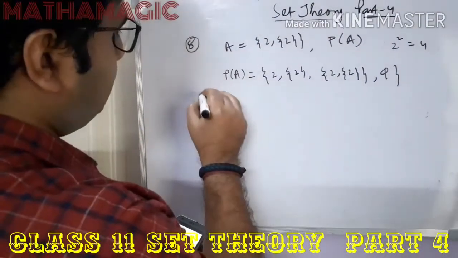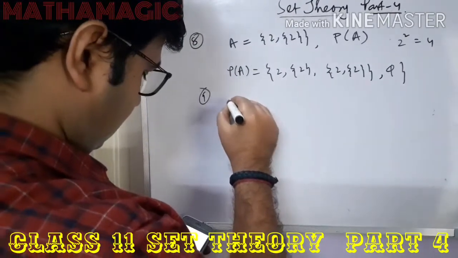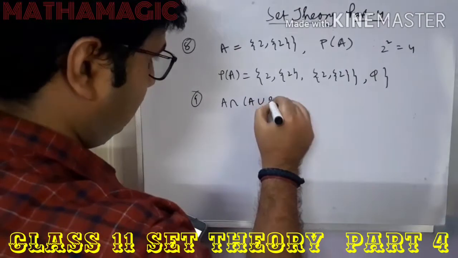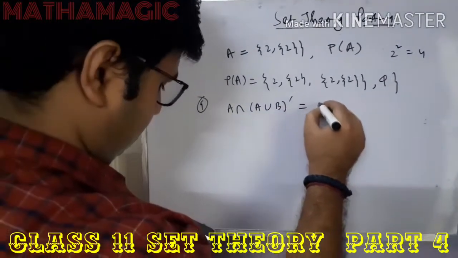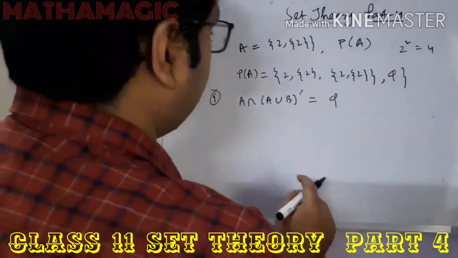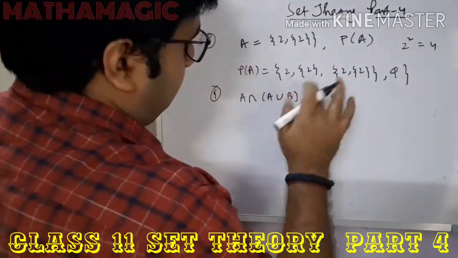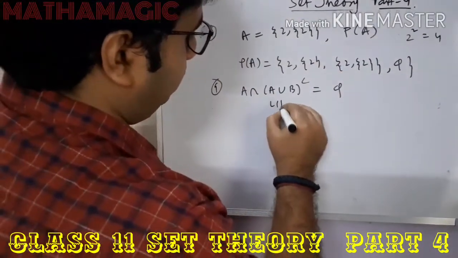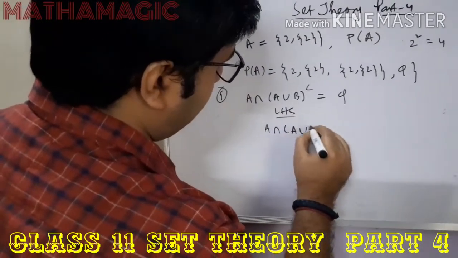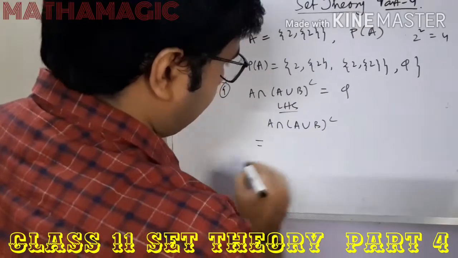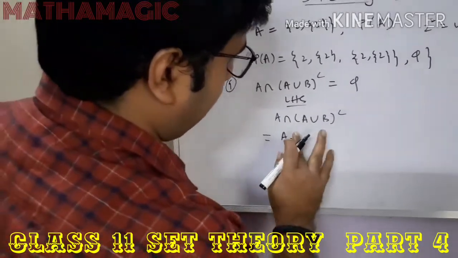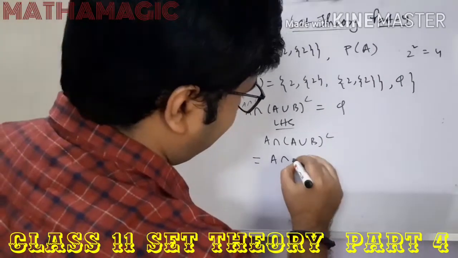Now we'll move to the next problem. We have to prove that A intersection A union B complement is equal to phi. We'll move from the left hand side. We will not remove the intersection sign.